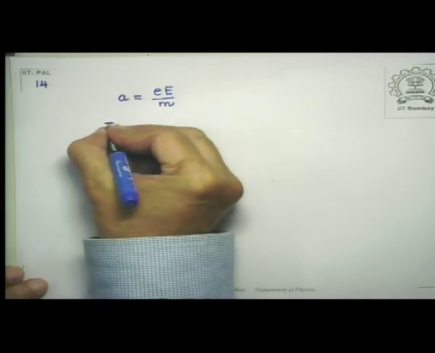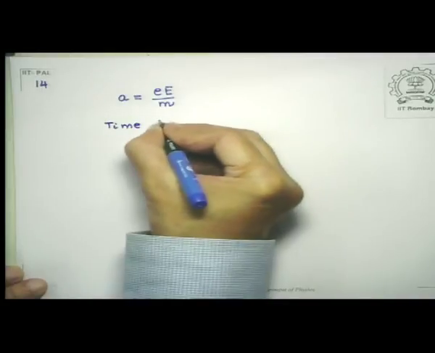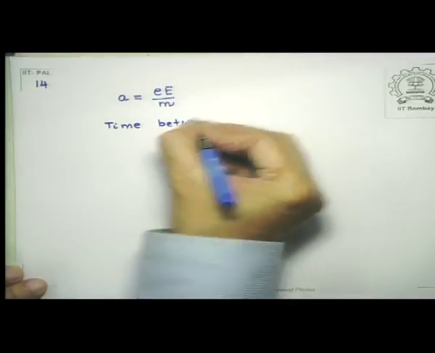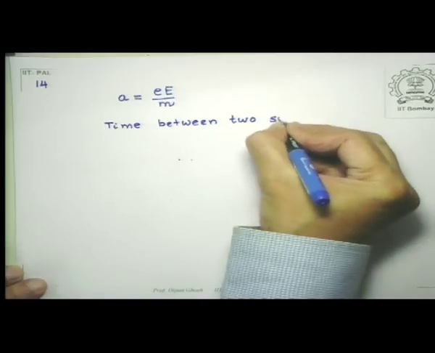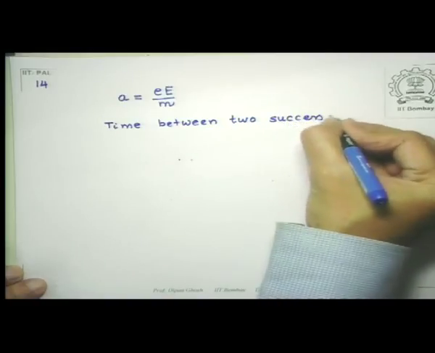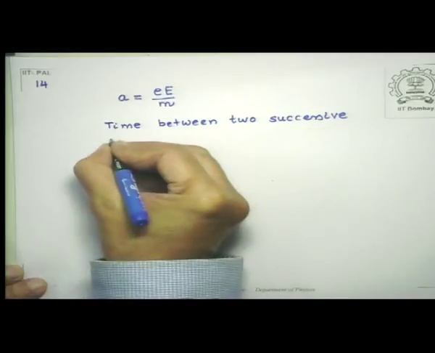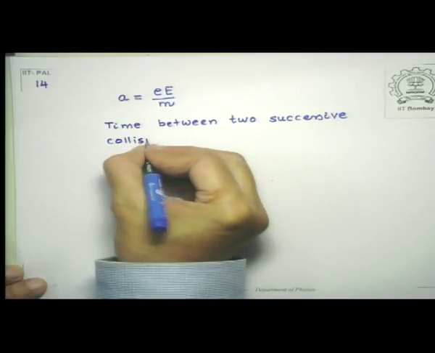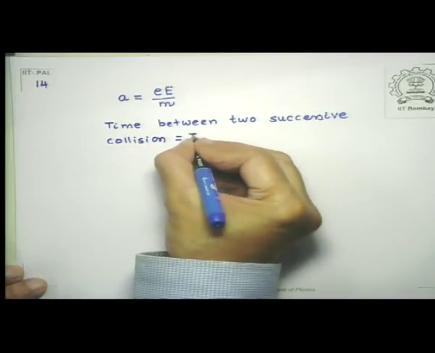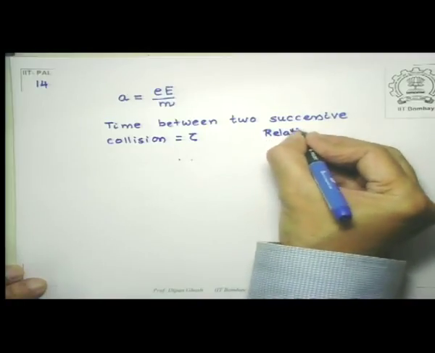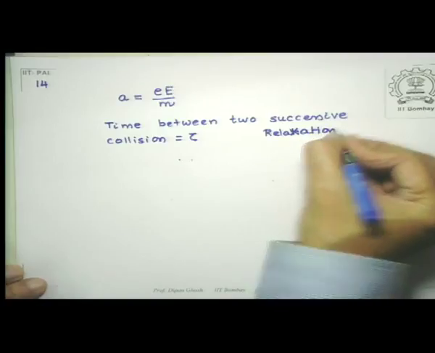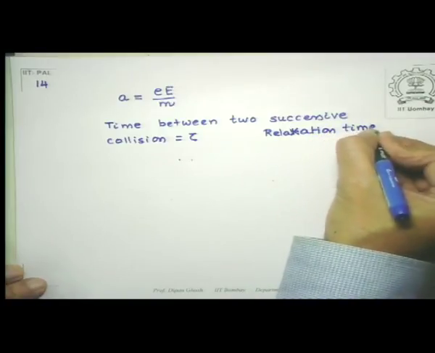Now let us suppose the time between two successive collisions is tau. This is also known as relaxation time. That is where the electron is relaxing after a collision.